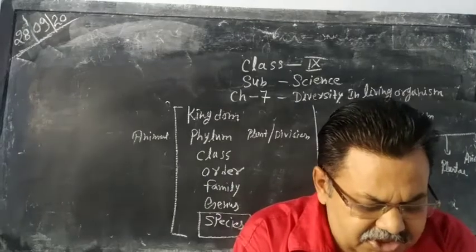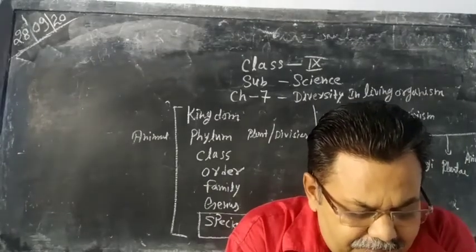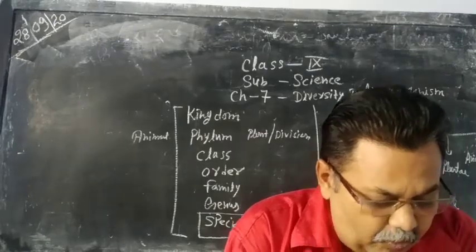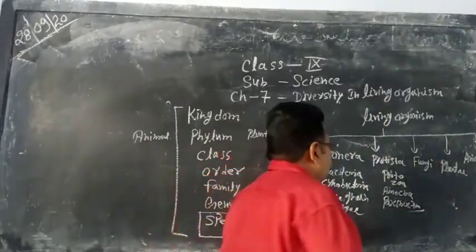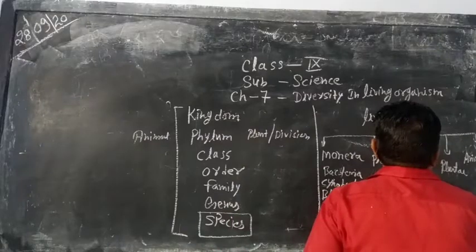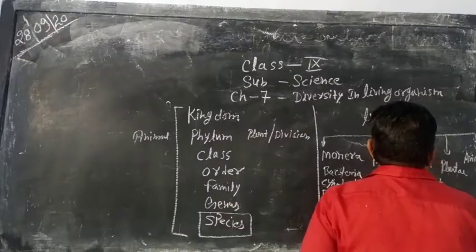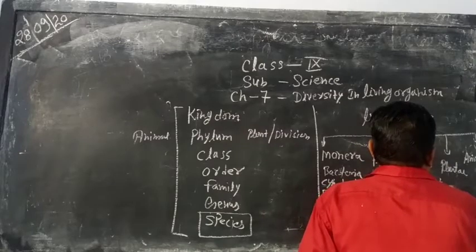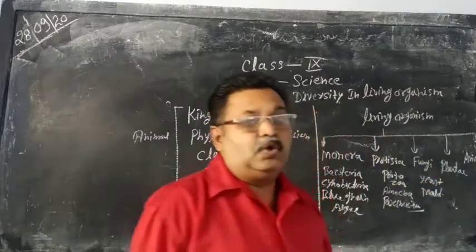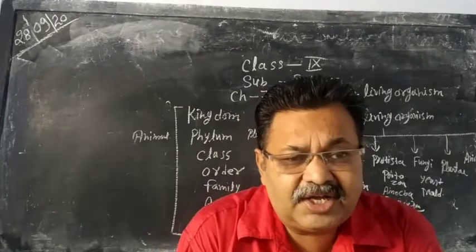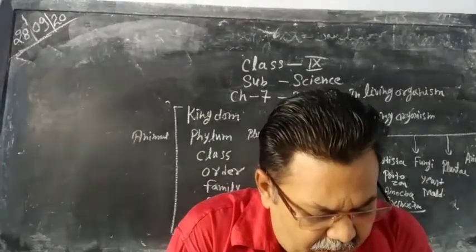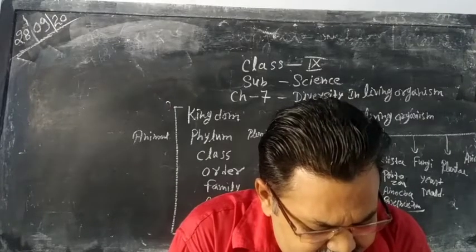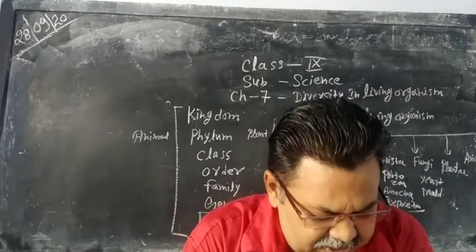The examples of fungi are yeast, mold and mushroom. So these are the fungi. Now next one is Plantae and the last one is Animalia.